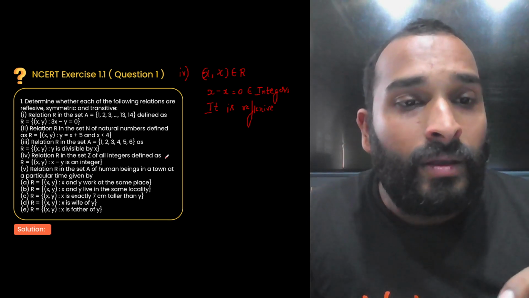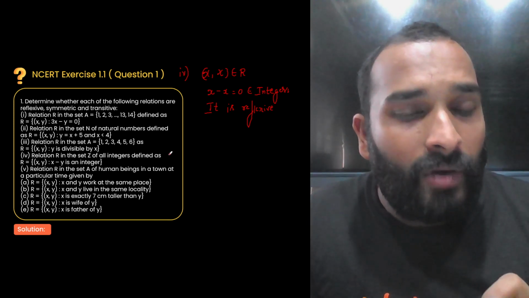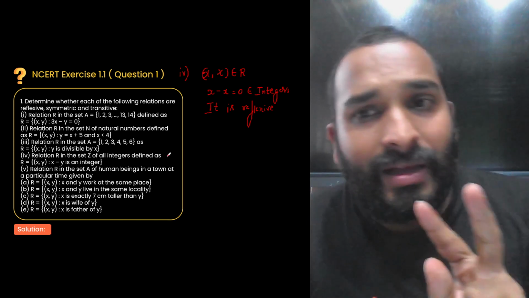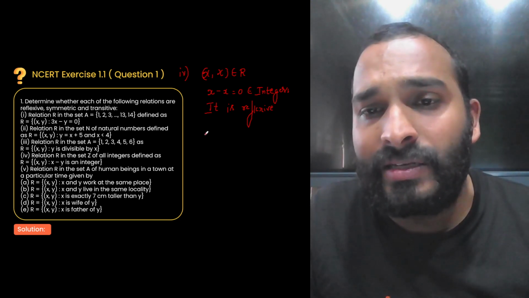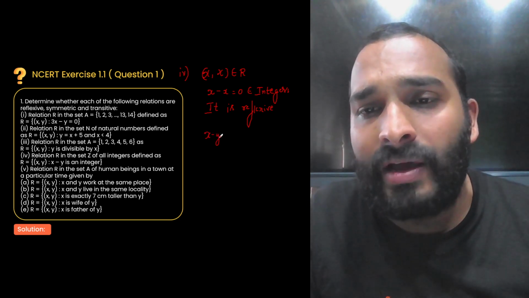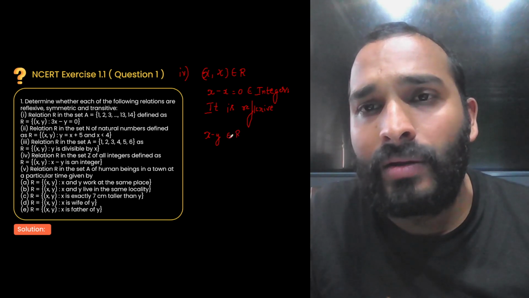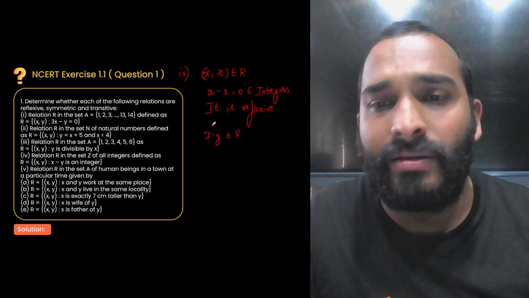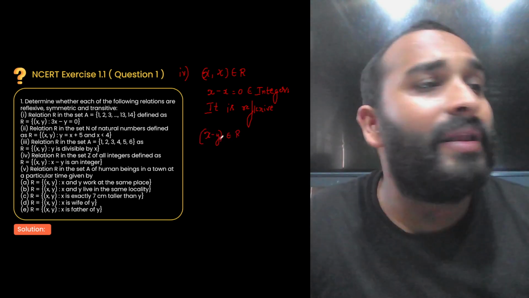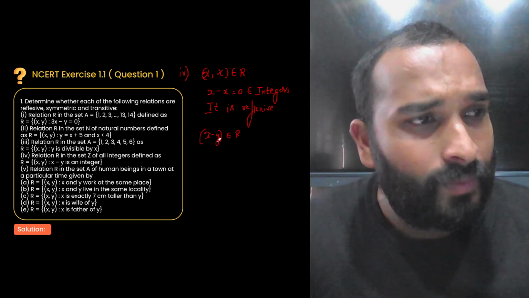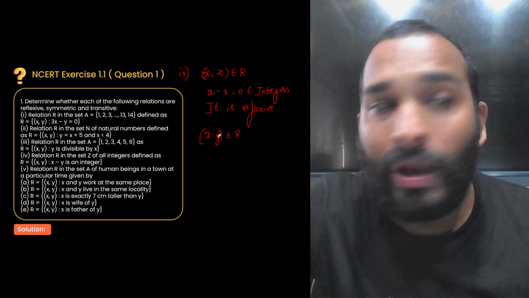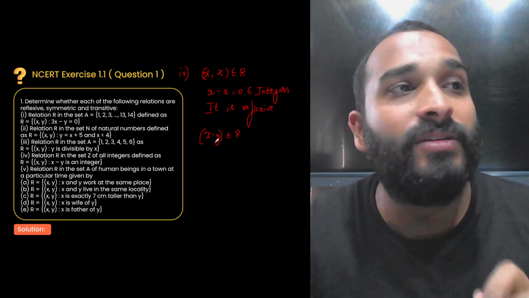Now next, what are they talking about? They are telling that x comma y, if you take, it is true that x comma y belongs to R, that is x minus y. Correct, children? X minus y will be an integer value which belongs to R. True. Now tell me, y minus x, will it be an integer?